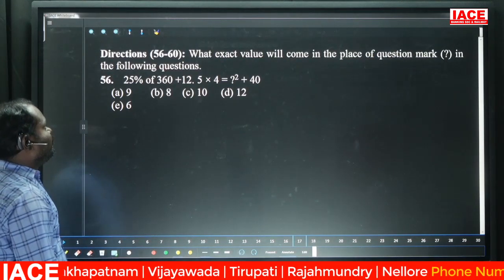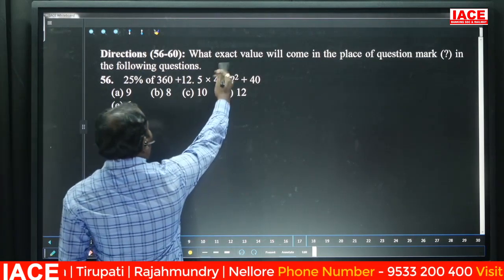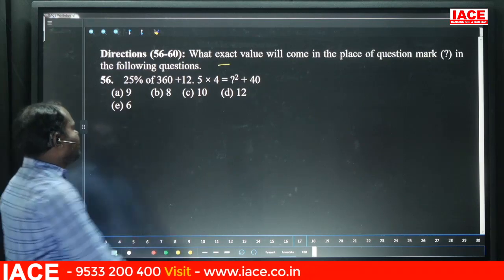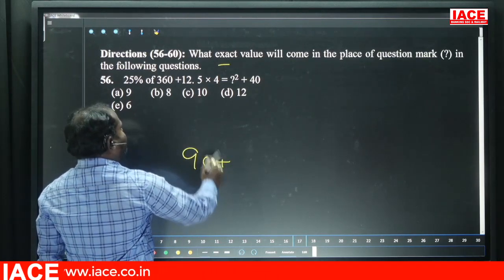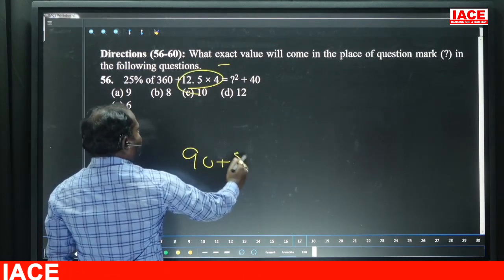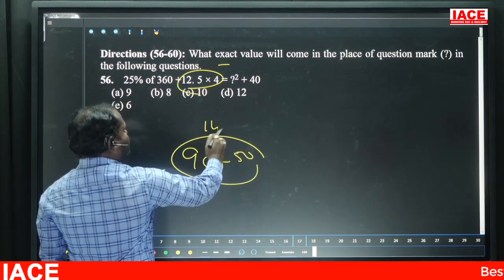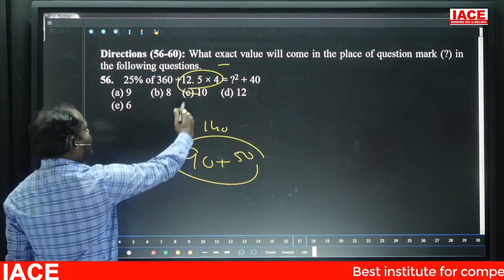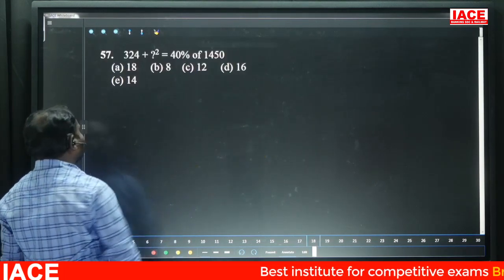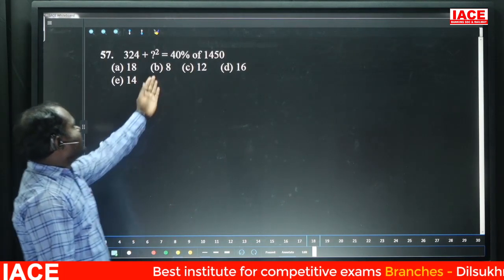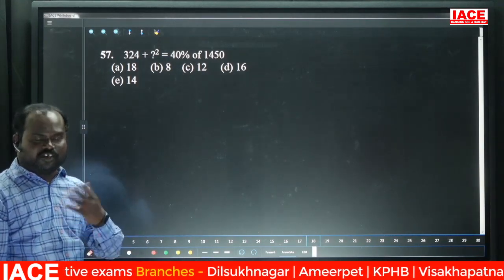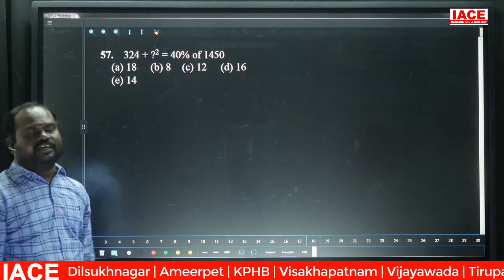56 to 60. 40 is the exact value? Not exact. 25% is nothing but 1/4. 1/4 means 90. 12.5 4 times is nothing but 50. 140 minus 40 by 100. 100 is nothing but 10 square. Option C. Here 40% of 10% 145. 145 4 times is 560 plus 20, 580.